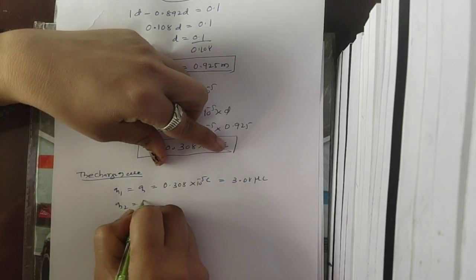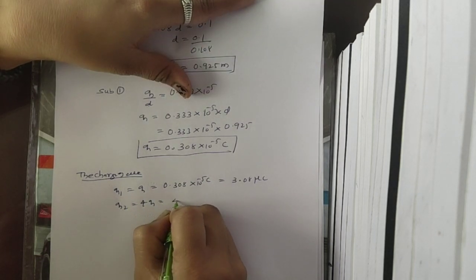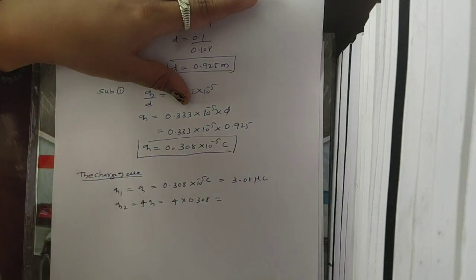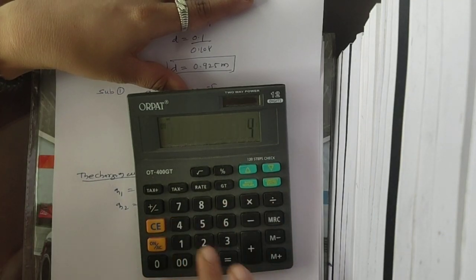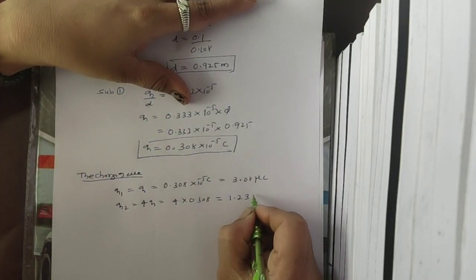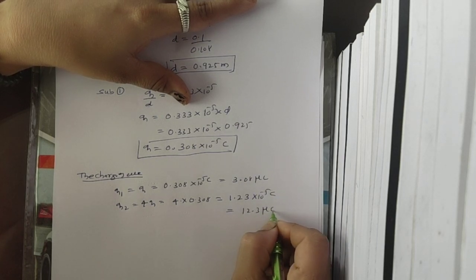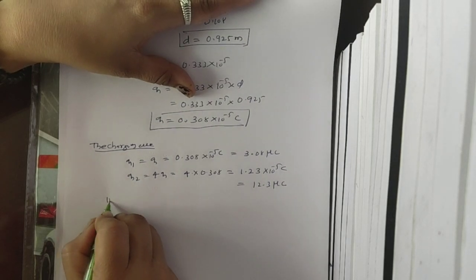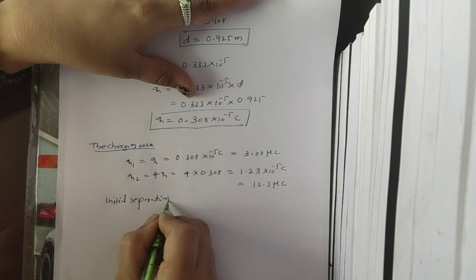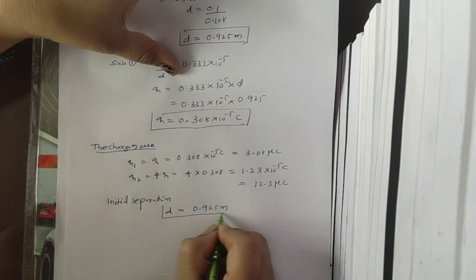And Q2 equals, by the relation they have given, 4Q, that is 4 into 0.308 into 10 to the power minus 5, which is 1.23 into 10 to the power minus 5 coulomb, that is 12.3 microcoulomb. And the initial separation D equals 0.925 meter.